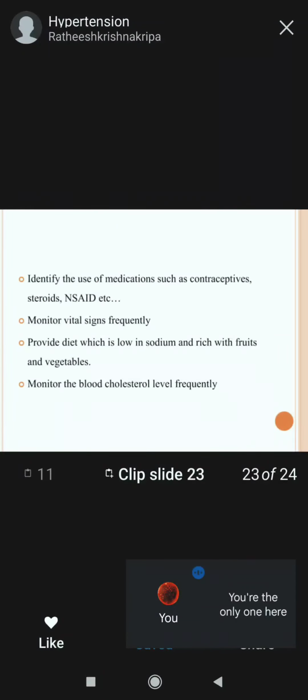Identify medication causes such as contraceptive steroids or NSAIDs, non-steroidal anti-inflammatory drugs. Monitor vital signs frequently. Provide a diet which is low in sodium and rich in fruits and vegetables. Monitor the blood cholesterol level.